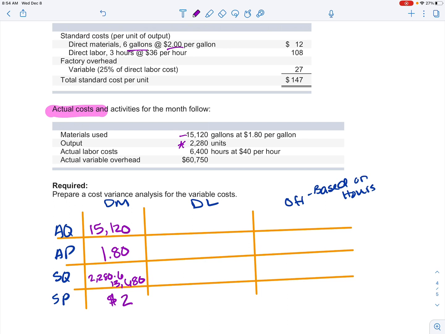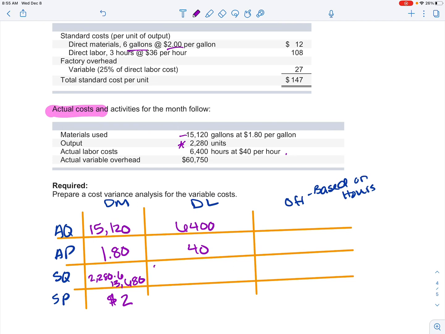Now let's look at the direct labor. If I'm looking for actual, it tells me I worked 6,400 hours. My actual price was 40. I'm finding all this in my actual data. Then I'm going to look to the standard to find that standard information.